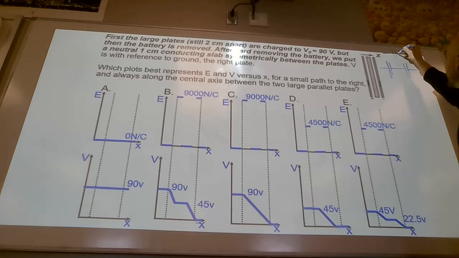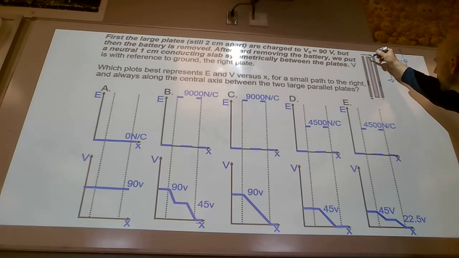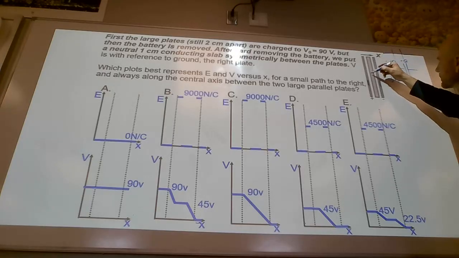Okay, the charge on this guy is still the same because these things are going to polarize.